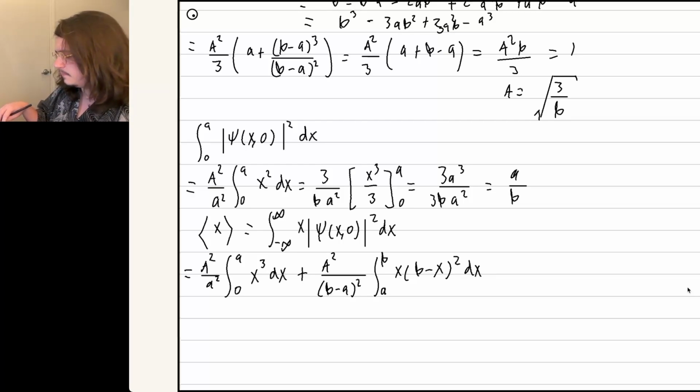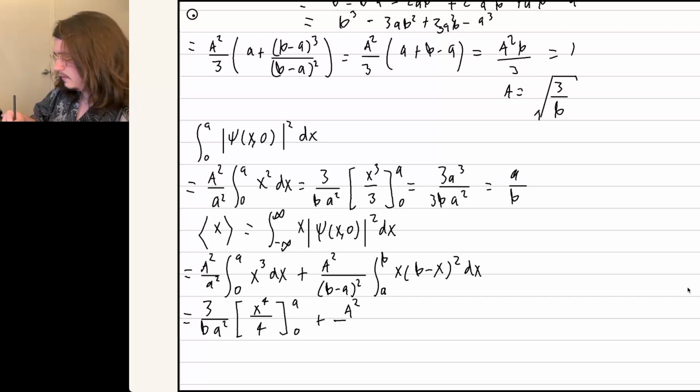All right. Using our definition of A, we have 3 over ba squared right there, and then that integral is actually still pretty easy, x fourth over 4 from 0 to a.